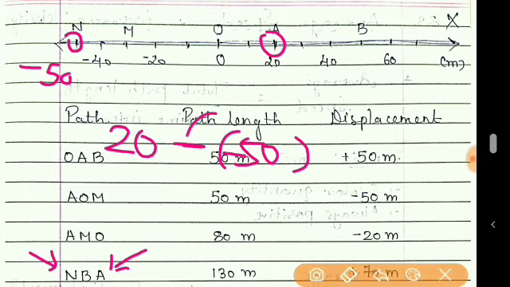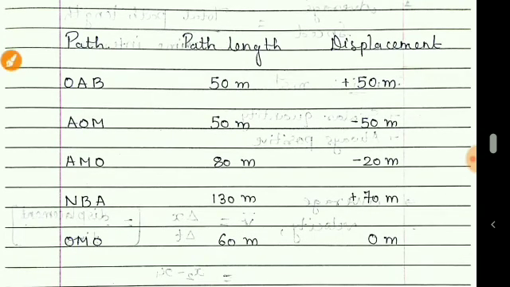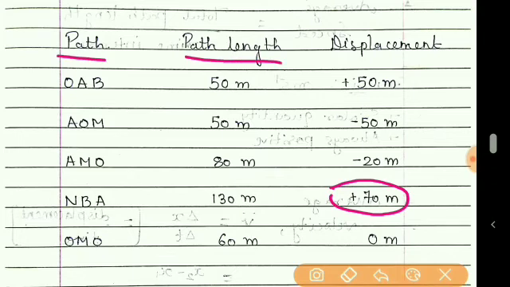Now this minus and this minus, minus into minus is plus, so 50 plus 20 is 70, and so here displacement is plus 70 meter. So I hope students you understood the concept of path, path length and displacement. Now you can check for one more path, OMO, yourself.